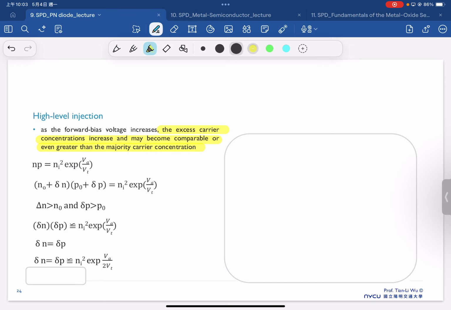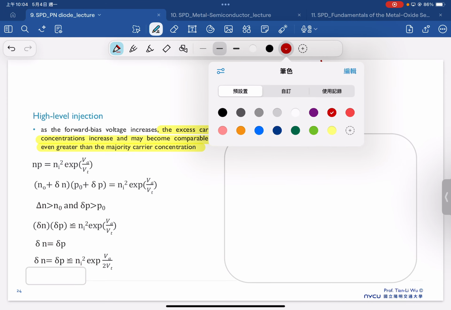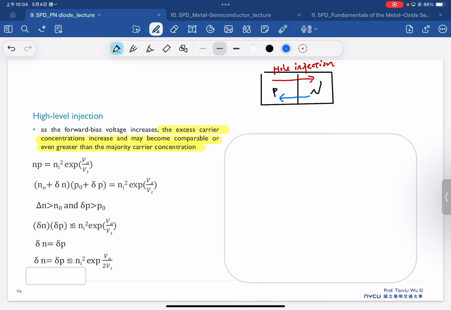The idea is, if we have this one p-n junction, P and N here, and we apply the forward bias, we will have the hole injection toward the right, and we will foresee the electron injection toward the left.